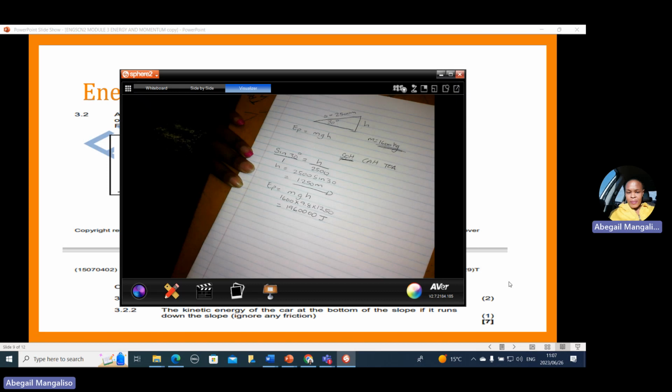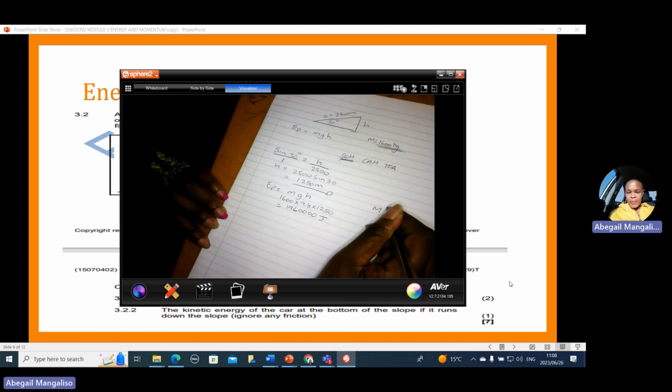In some questions, they can say calculate the potential energy in megajoules. So if you take your calculator, there is a button ENG just above 7. If you press that button, it's going to give the answer in engineering notation. So mega is 10 to the power 6.